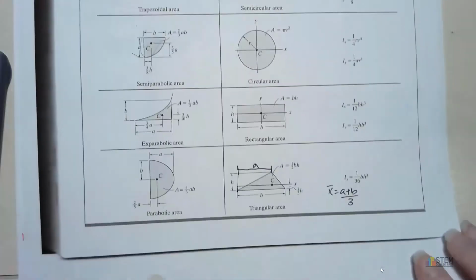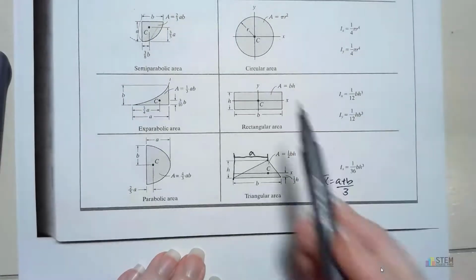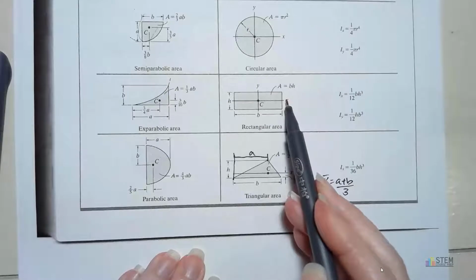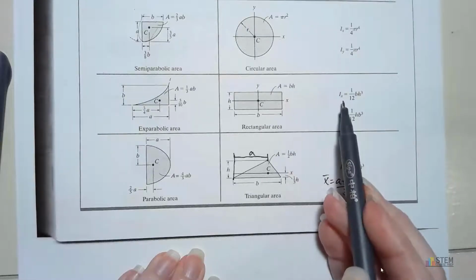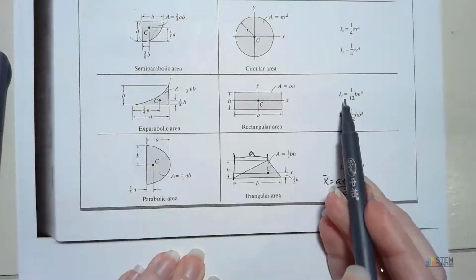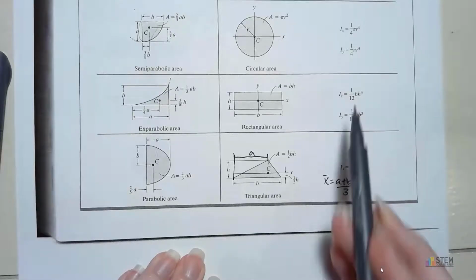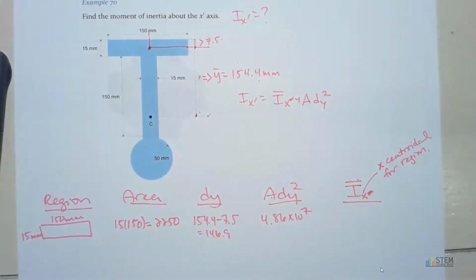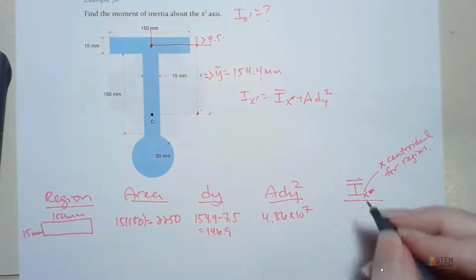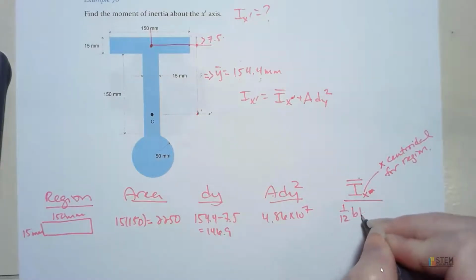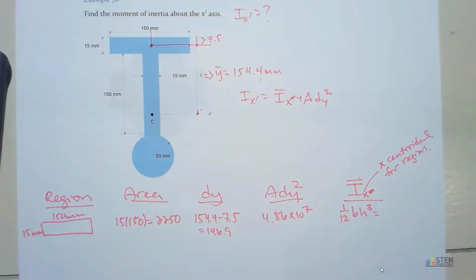Now, if we look here, here's our rectangle. Notice it's got an x-axis going through the centroid. So we want this equation right here. So the 1/12 base times height cubed. Now you just plug in your values.